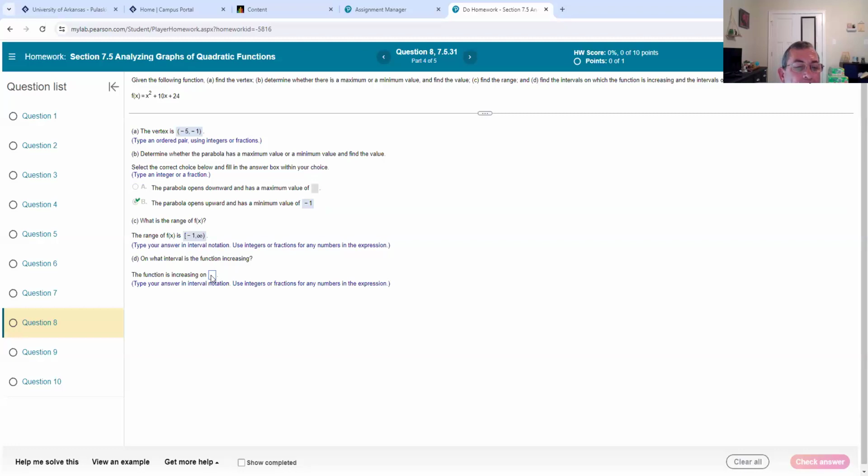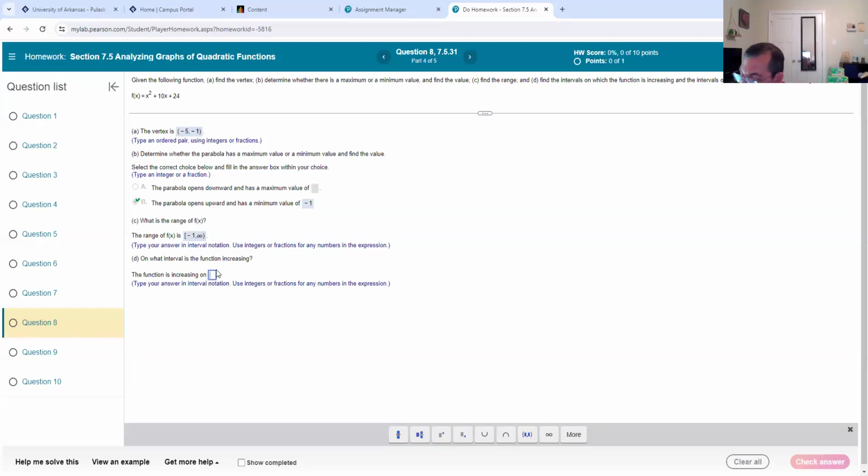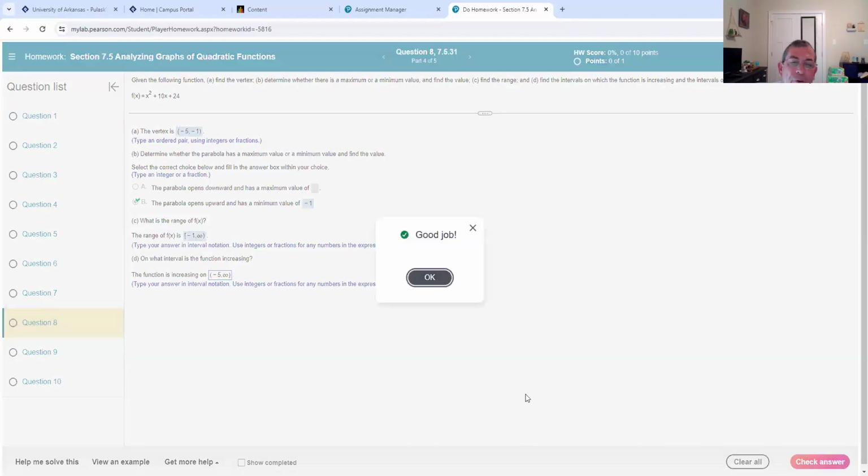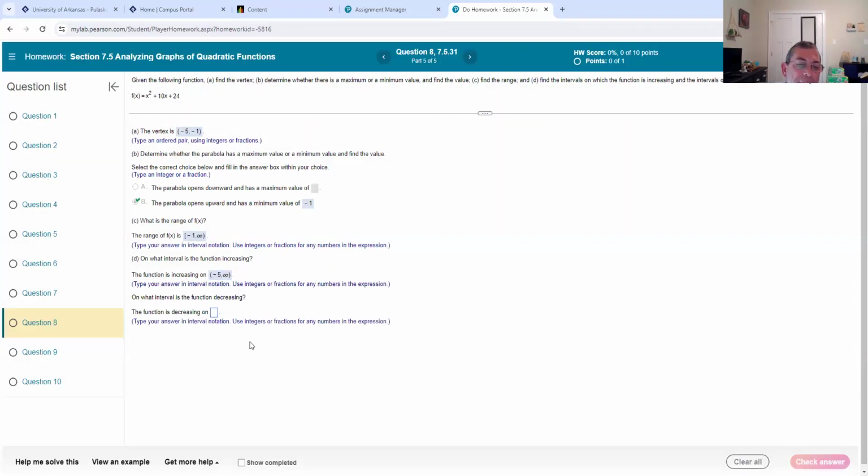Then it says the intervals, it was increasing. Well, we said that was parentheses from -5, comma, to positive infinity, and then close parentheses. So the increasing and decreasing will always have parentheses.